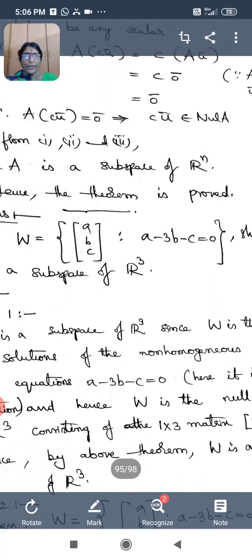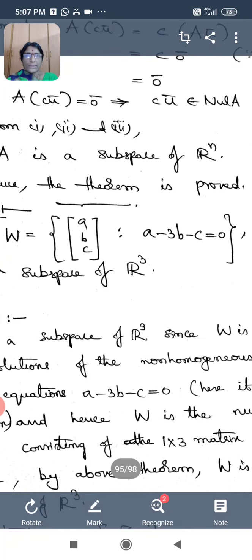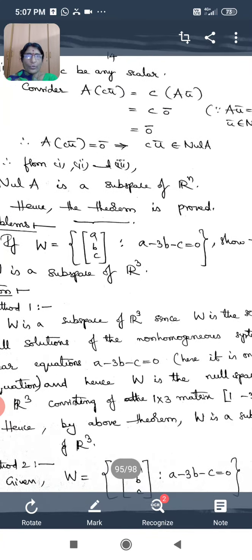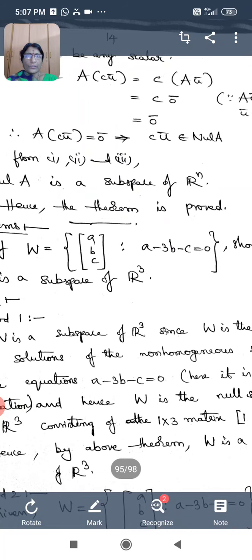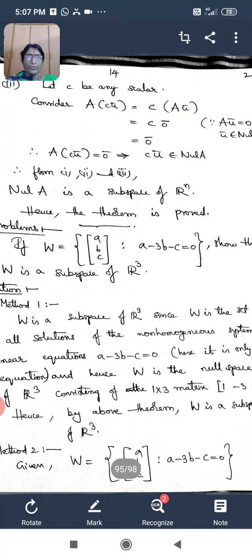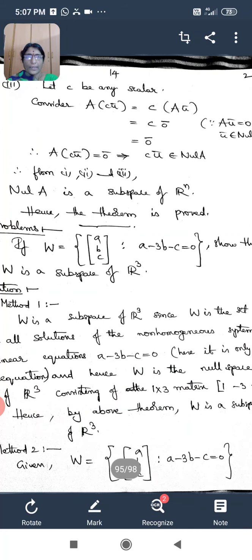And in 2 we have proved that if we consider two vectors u bar, v bar in the set null A, then u bar plus v bar is again in null A. And in 3 we have seen that if c is any scalar, then c u bar is also in null A. So from 1, 2 and 3 we can conclude that null A is a subspace of Rn. That is how we could prove the theorem, and hence the theorem is proved.